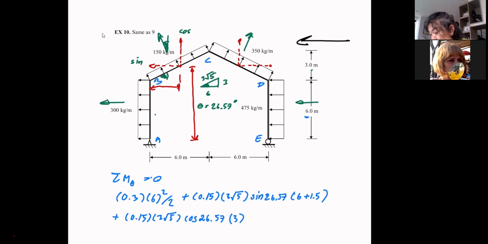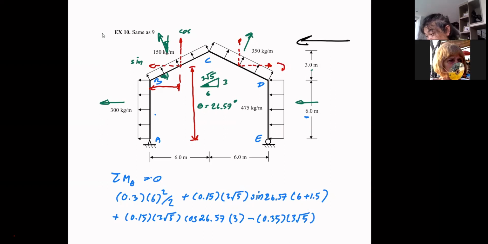Now we go into the third load. Now, if you see, this one is giving you the clockwise moment, so it has to be the negative sign. So pardon me, I just wrote positive ahead of time. That becomes negative. And you have 0.35 instead, and 3 square root 5 as the total length.